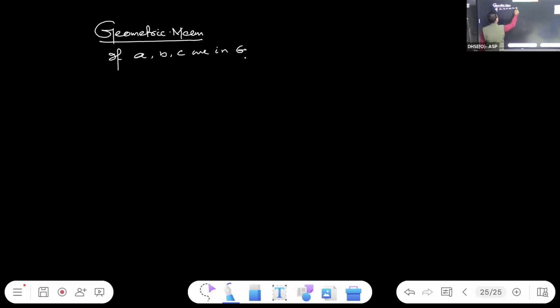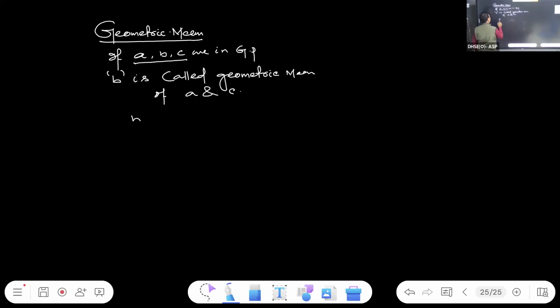Then come to geometric mean. If A, B, C are in GP, then B is called the geometric mean of A and C. If A, B, C are in GP, then B by A is equal to C by B. This implies B square is equal to AC.